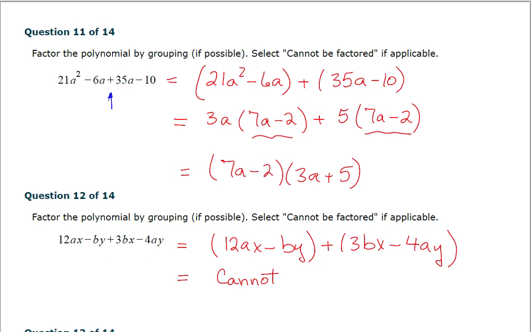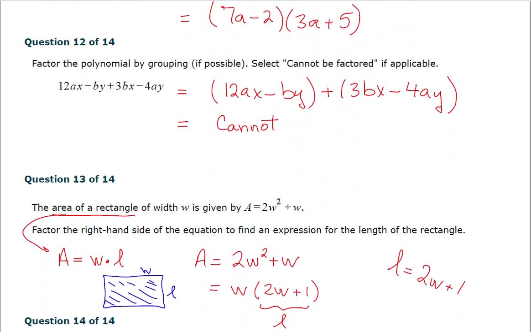Let's see, question 12 here. Again, grouping, let's see. I've got 1, 2, 3, 4 terms. Yes, there is a plus in the middle. Okay, we're in good shape so far. So I pair them up. And I look at this and let's see. No numbers in common.